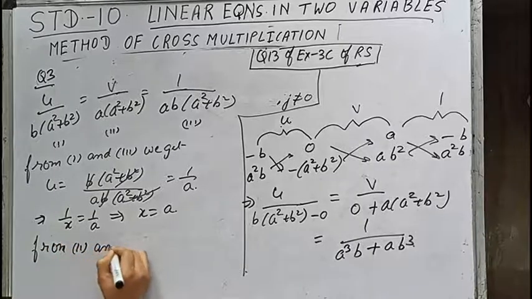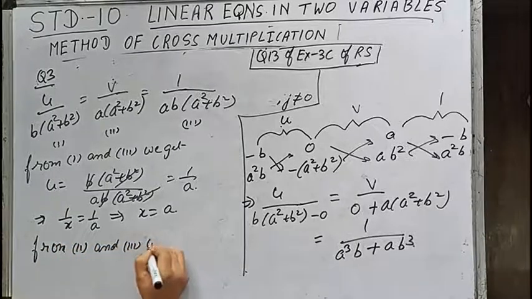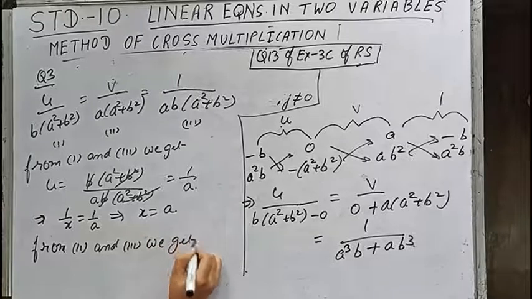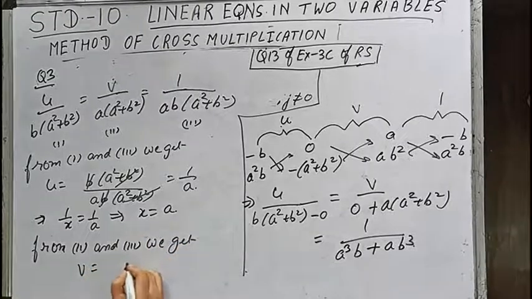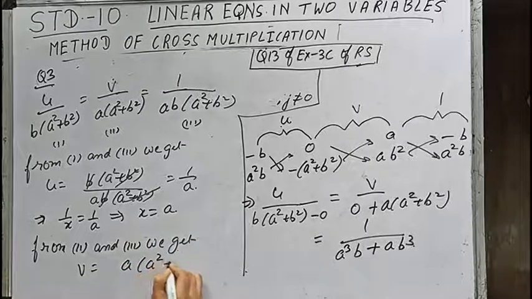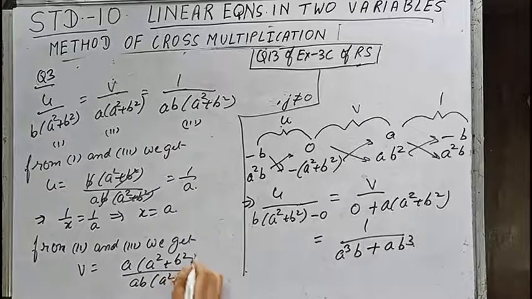And from 2 and 3 we get v equals a into a square plus b square divided by ab into a square plus b square. These two will be cancelled and equals 1 by b.